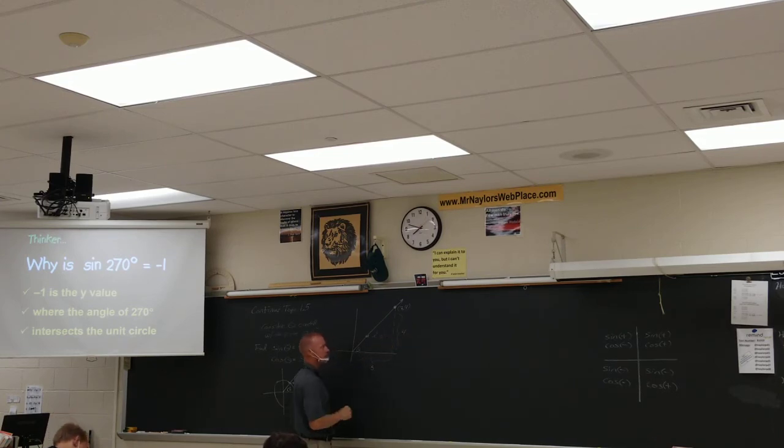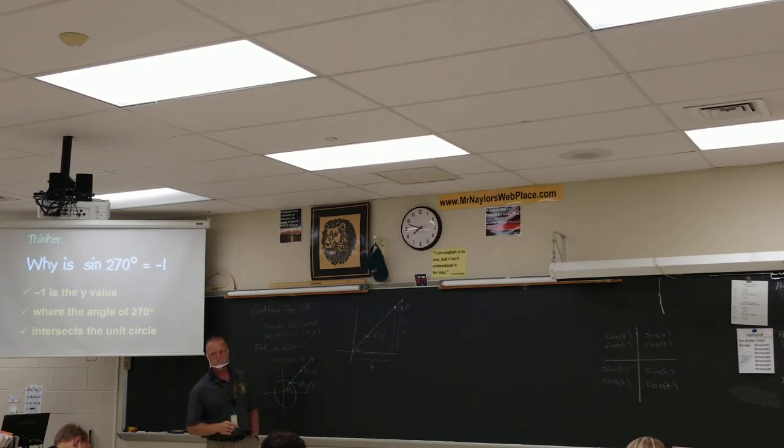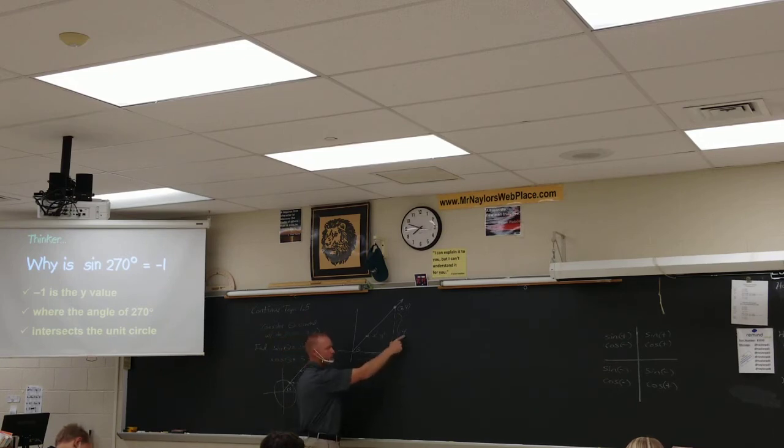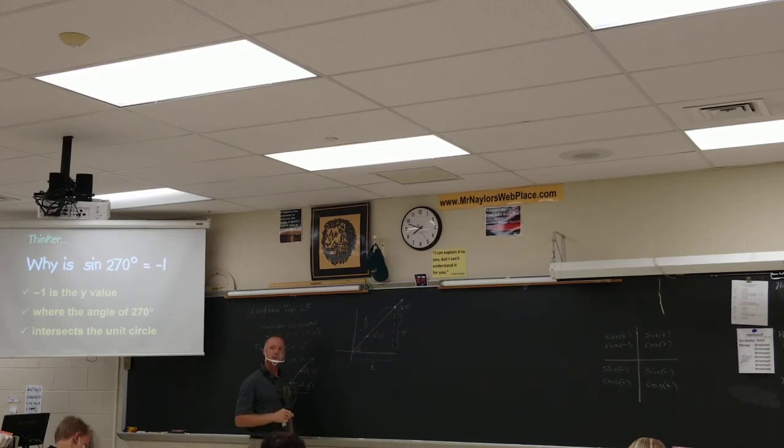Definitely going to be the y value of 4. Where have you seen those numbers together in a triangle? A 3, 4, 5. It's a 3, 4, 5. Now, by the way, that's a Pythagorean triple, and you could use the Pythagorean theorem to get 5. But we can also call it a special triangle.